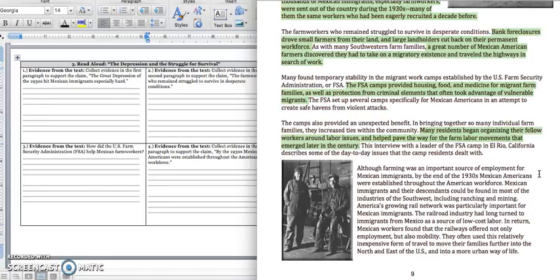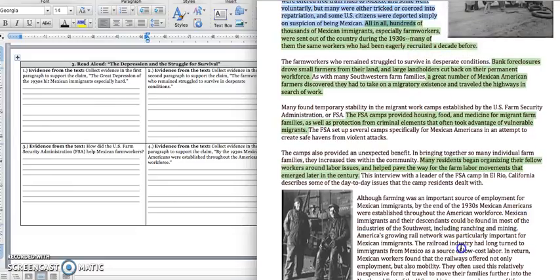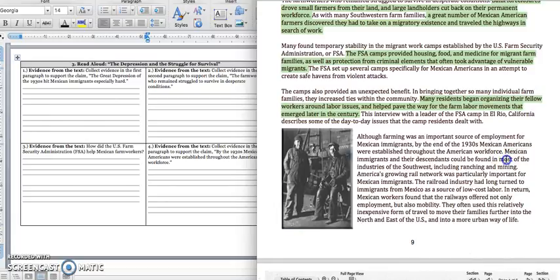All right, so we're looking for evidence that says that the Mexican Americans were established throughout the workforce. And one quote I underlined was the quote that talks about how they could be found in industries all across the Southwest, including ranching and mining.